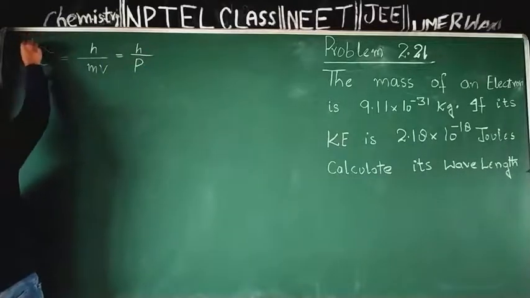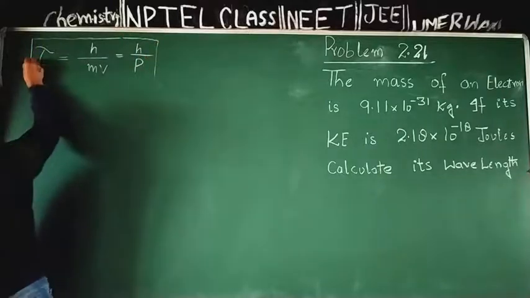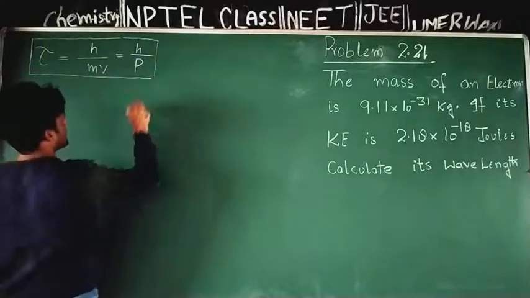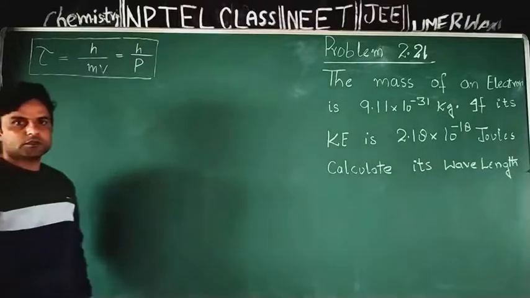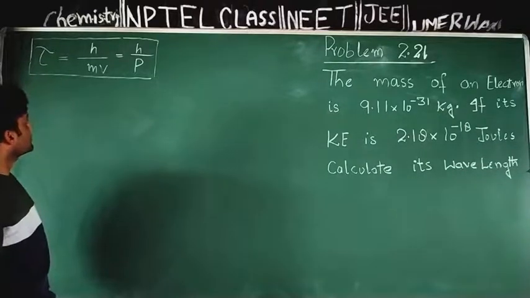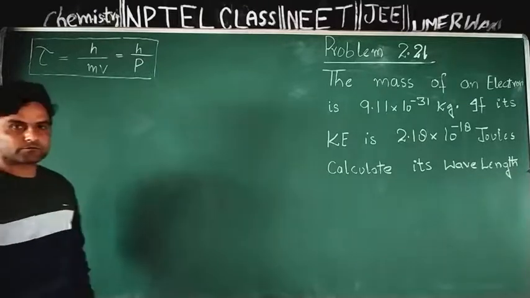This equation is called de Broglie's equation or de Broglie's relation. This equation gives the wavelength of matter wave and is equal to h/mv or h/p.